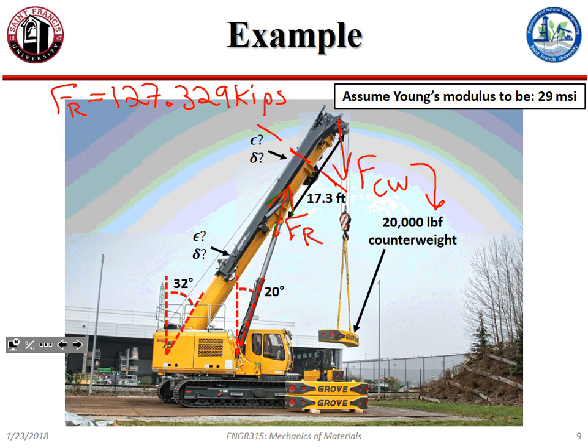If I took a section here, and I say I'm going to go until this pin here, because I know the forces at each end. So I know the force at the pin joint. I know the force at the counterweight.